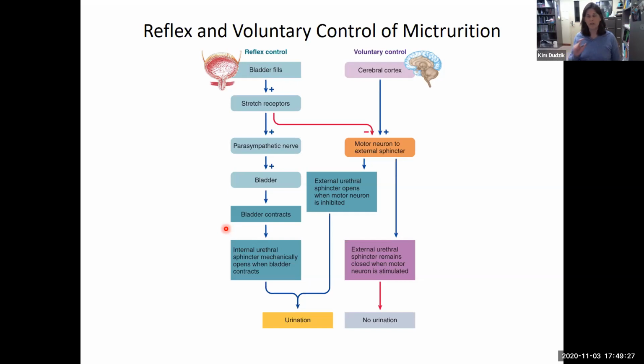So we have dual innervation, because if you need to run from a predator, it's better to release the fluid in here so you're lighter and you can run faster. That's seriously the idea behind it, okay? But again, there's voluntary control of the external sphincter, and so you can keep it closed and you don't have urination.